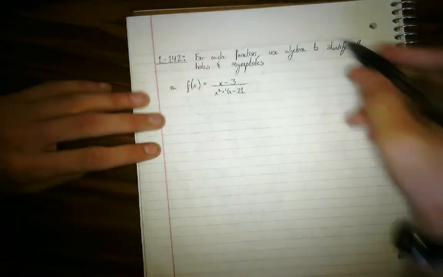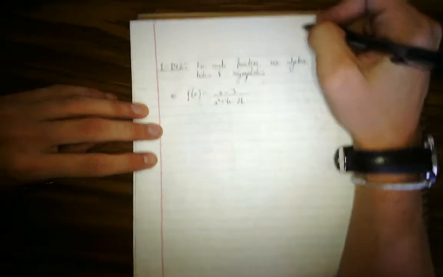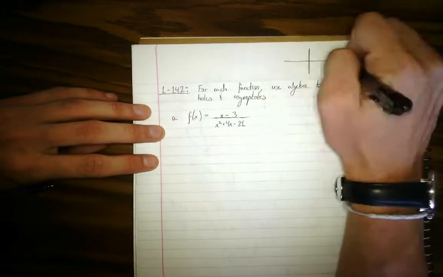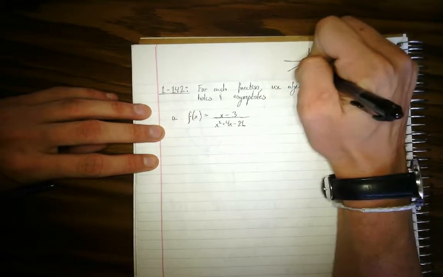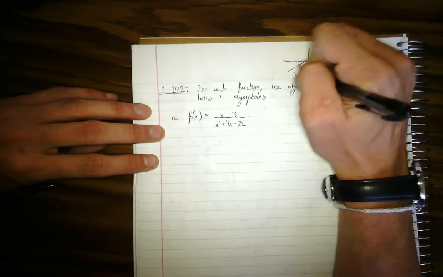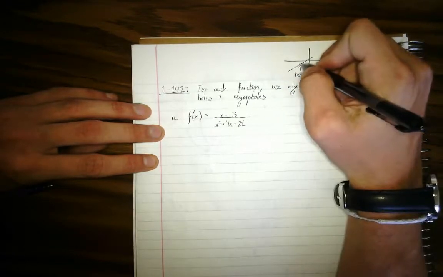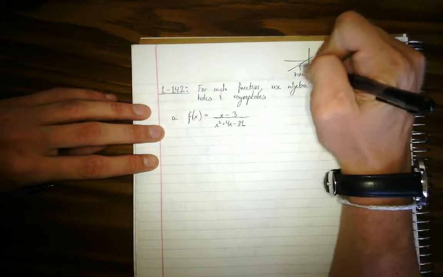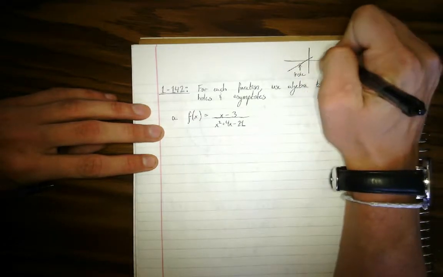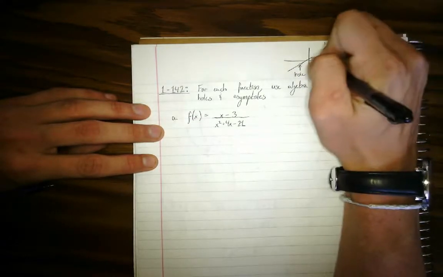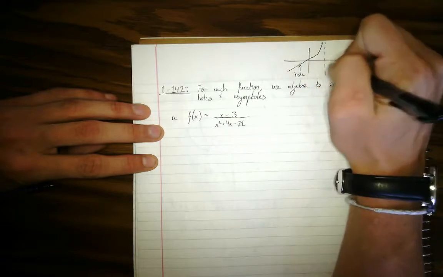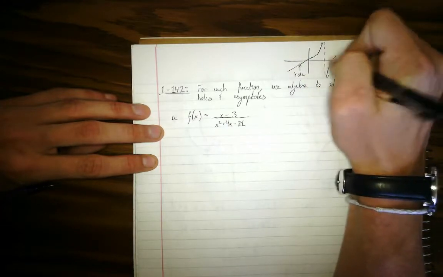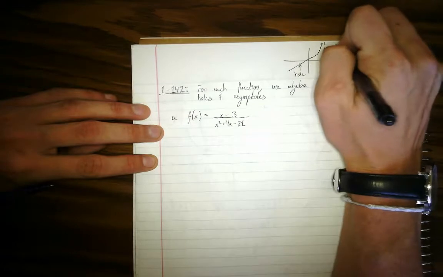And remember, just a review up here, a hole is just a certain point where a specific input doesn't have an output. And then we know that an asymptote is a value that our function approaches but never quite hits. So this is going to be our asymptote.